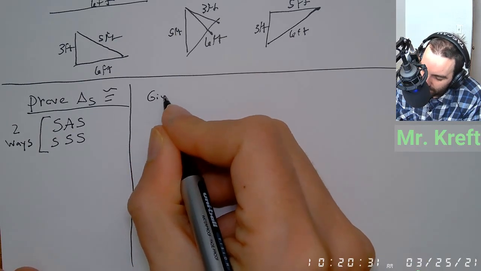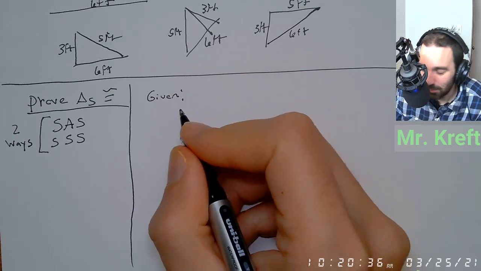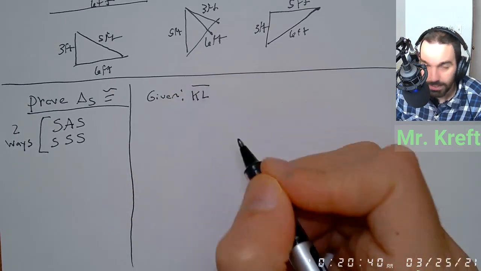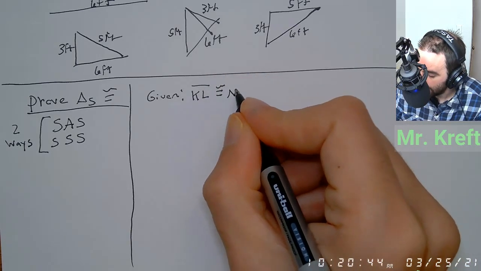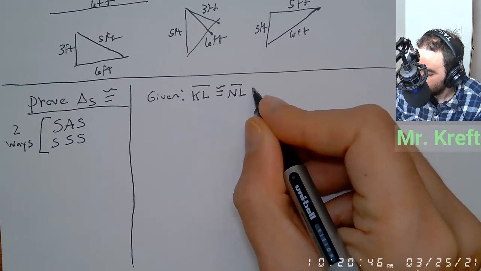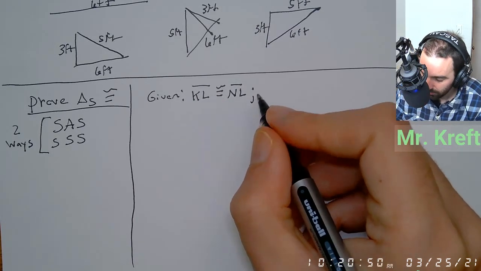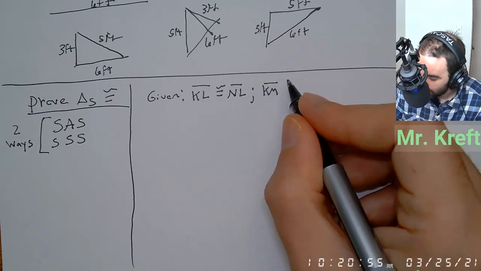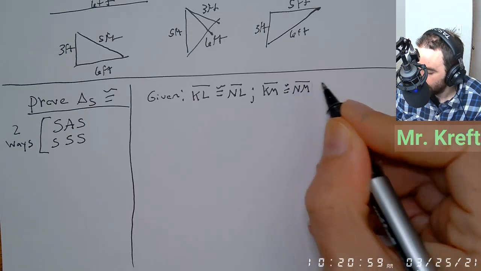Let's say our given... the given won't make sense until I draw the picture, so let's just copy down the given together. I have segment KL congruent to segment NL. I use a semicolon to separate my givens. And segment KM congruent to segment NM.